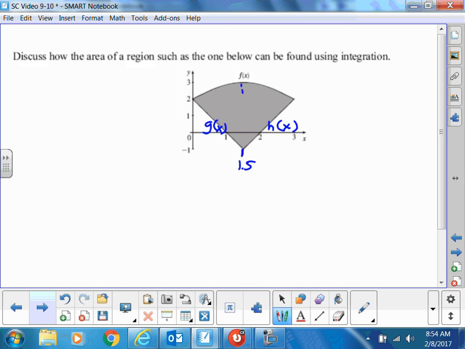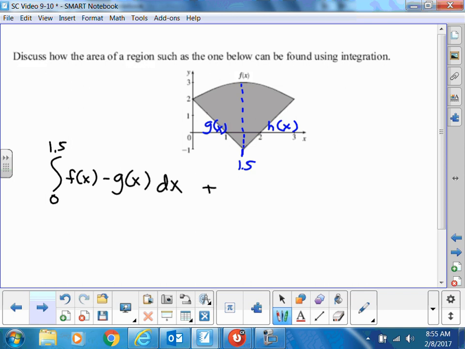Basically, what we have to do is the area of two different regions, left of 1.5 and right of 1.5. So for the first one, we would go from 0 to 1.5, and we would do top minus bottom. So we would do whatever f of x's function is, minus whatever g of x's function is, and then dx.